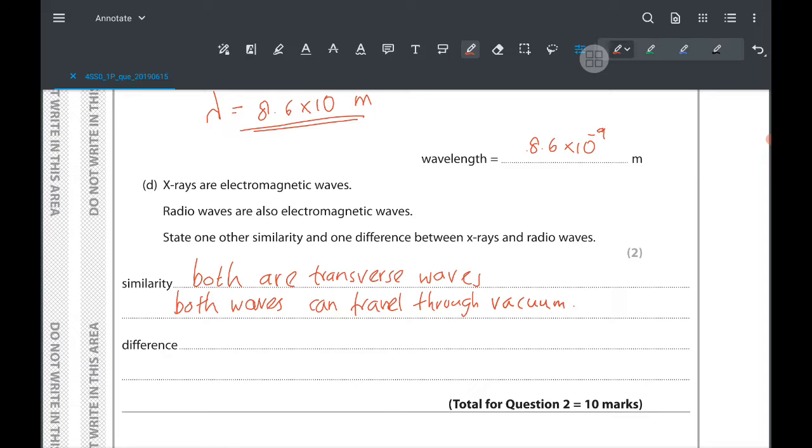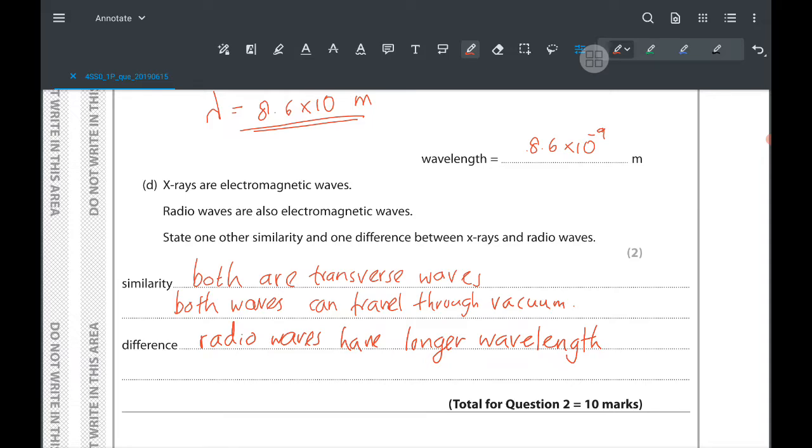Next one, if you look at the differences between these two, if you can remember the electromagnetic spectrum, radio waves have longer wavelength, and also they have smaller frequency compared with X-rays, and X-rays are ionizing whereas radio waves are not.